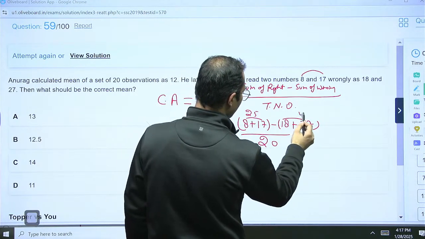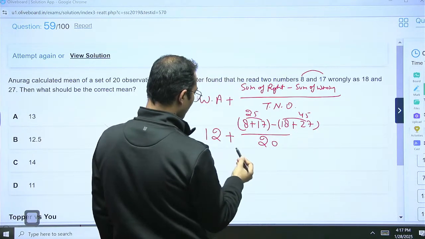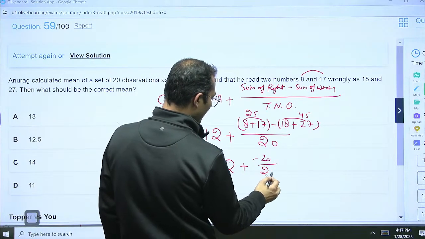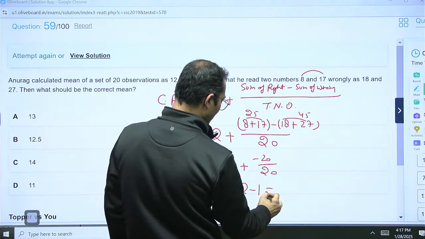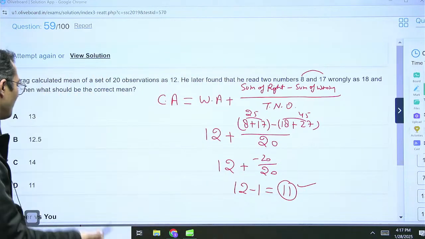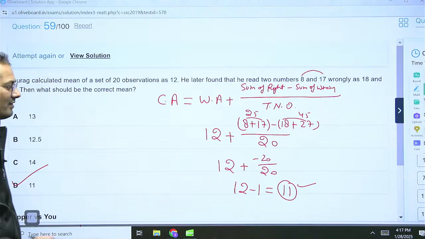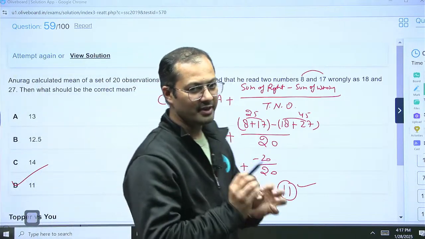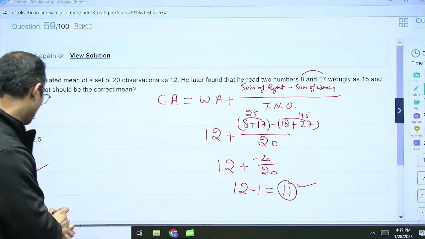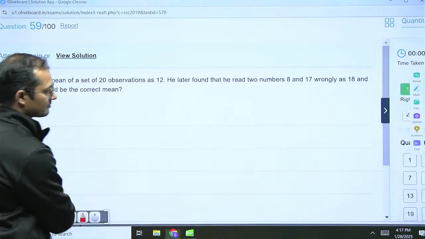Here sum is 45. So difference is minus 20. So 12 plus minus 20 divided by 20. So 12 minus 1. So the correct average is 11. So this is how we can calculate. So D is the right answer. Okay. So if we remember the formula, we can simply calculate it, right? So let's move to the next question.